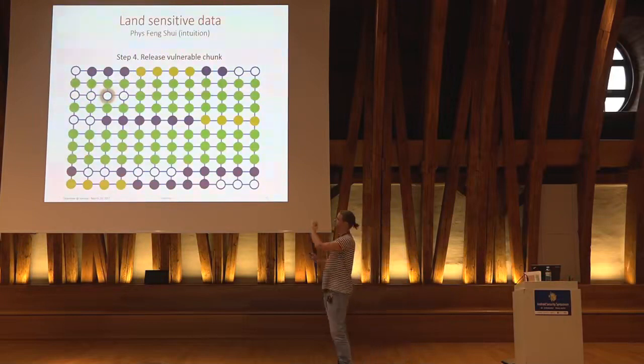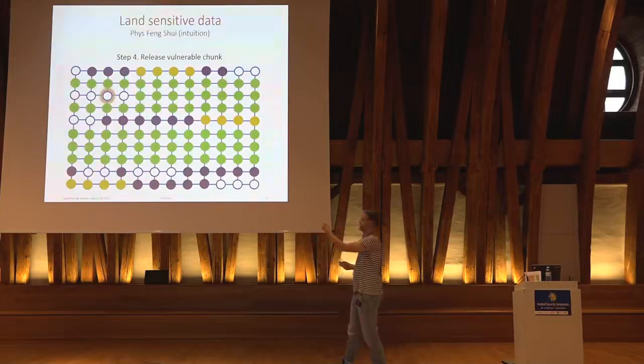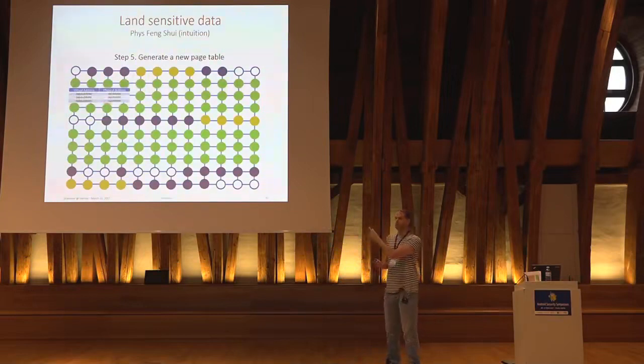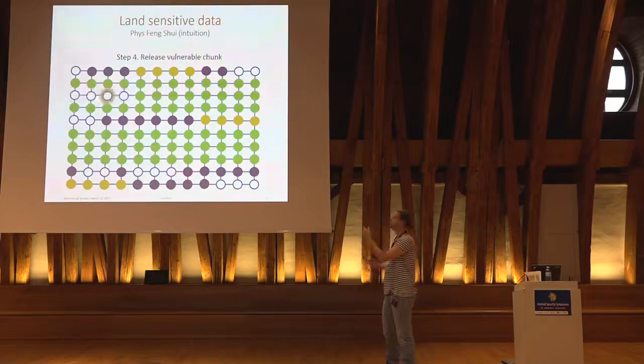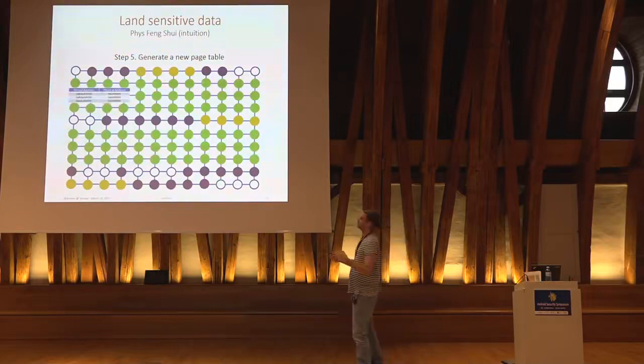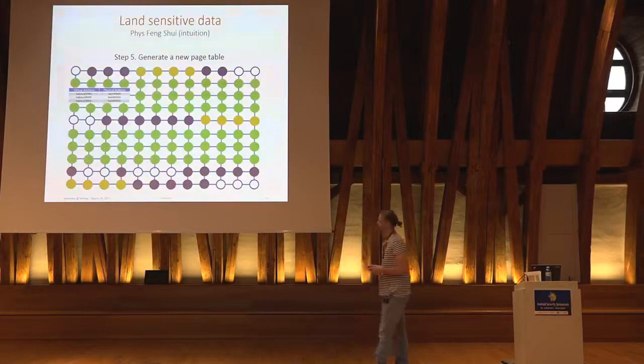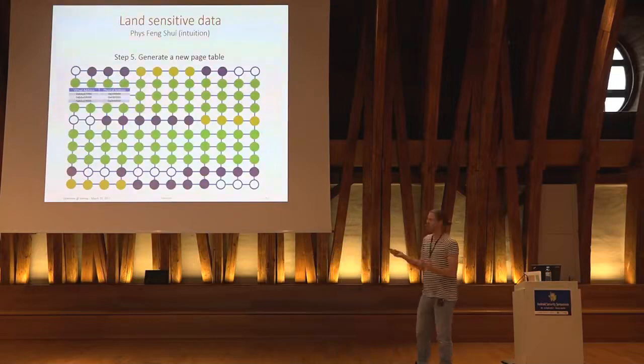Next, we release a part of the memory that is vulnerable, and this is also the same size as these small chunks, so that in the following step, when we actually trigger the allocation of a page table, we force the system to store it here, because this really is the only place in memory that is available for the system to store its page table. So that's in broad strokes the intuition.